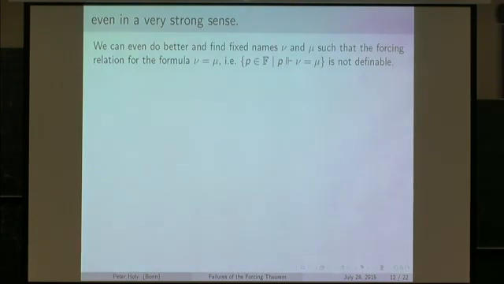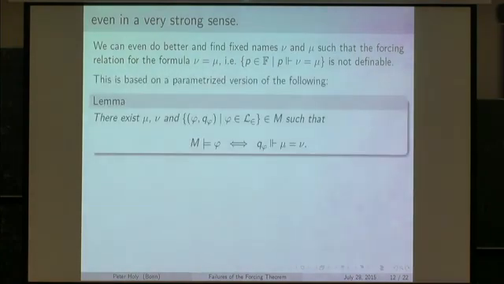And so actually this can be improved. We can find fixed names nu and mu such that the forcing relation for the formula nu equals mu, where the difference is now that we fixed two names nu and mu, is not definable. So this means that the set of conditions in the forcing which force equality between nu and mu is not definable.